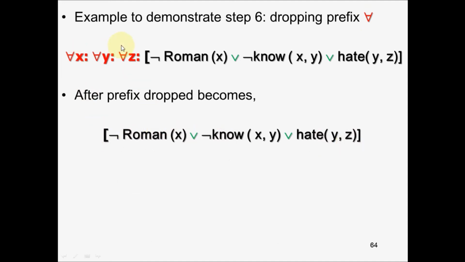You see, I have simply dropped the quantifiers for x, y, z, but within the sub expressions, within the predicates, I have retained the names x, y, z. I am just dropping these quantifiers from here. So this is what is called dropping of universal quantifiers.